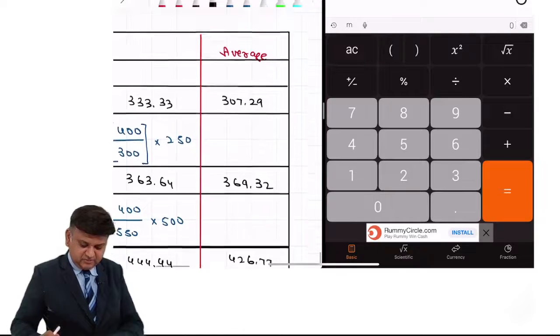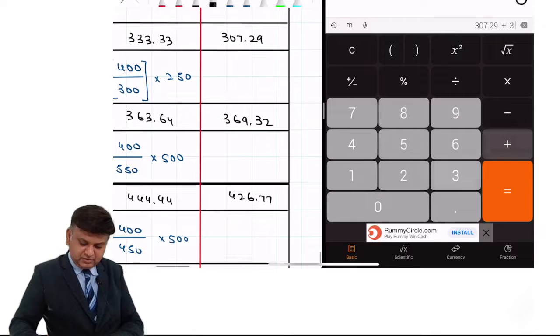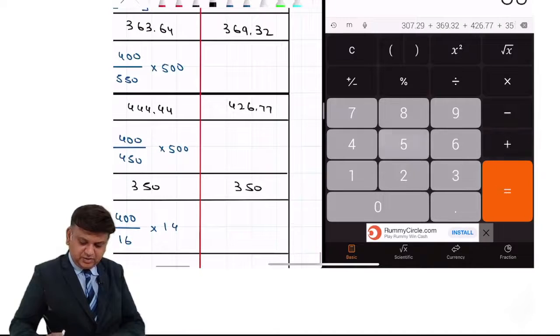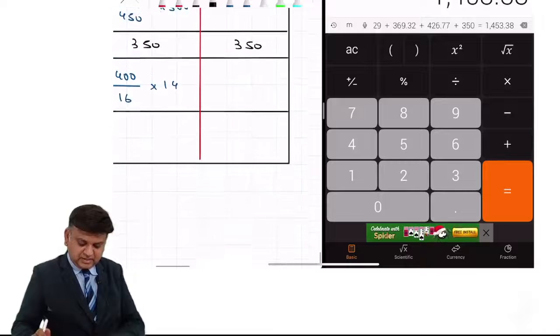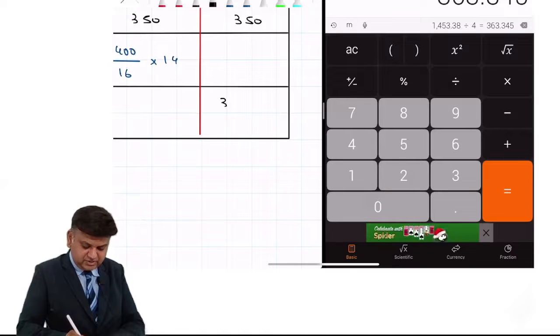So summation: 307.29 plus 369.32 plus 426.77 plus 350, that comes to 1453.38 divided by 4, that comes to 363.35.